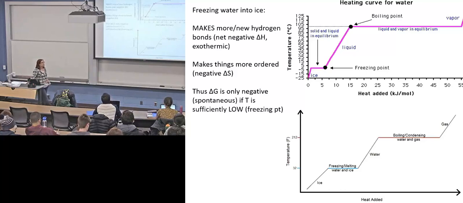Once I hit this point here, rather than putting in heat to raise the temp, I switch to melting. And once I'm completely done melting, I start raising the temperature again until I hit the boiling point. And then again, I stop raising temp with my heat and start having a phase change. Everyone cool with that?